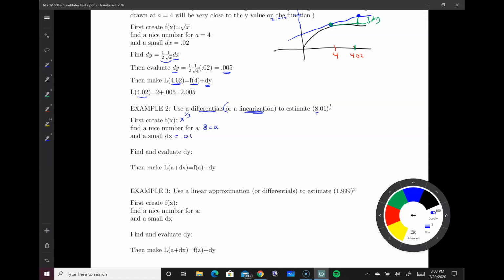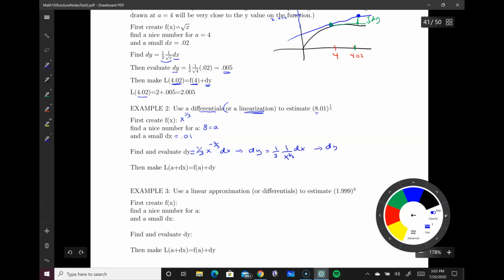So let's go find dy. You know dy is the derivative, so dy will equal 1/3 x to the negative 2/3 times dx. Doing a little bit of calculation here, I'm going to rewrite this as x to the 2/3 in the denominator.